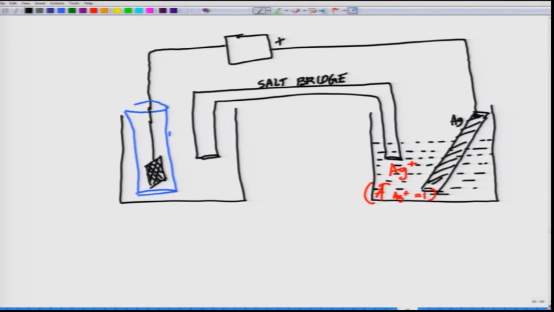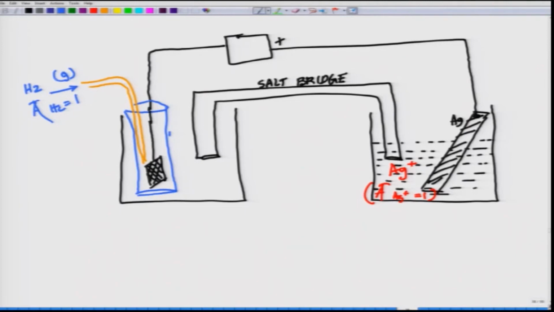I'll give you the details of what it is in a second. Let me draw it out. Here we are bubbling hydrogen gas, H2 gas, which also has an activity of H2 equal to 1, that is, unity.